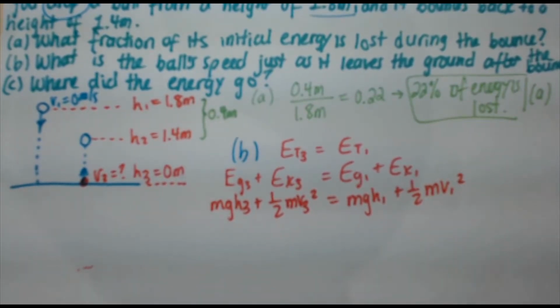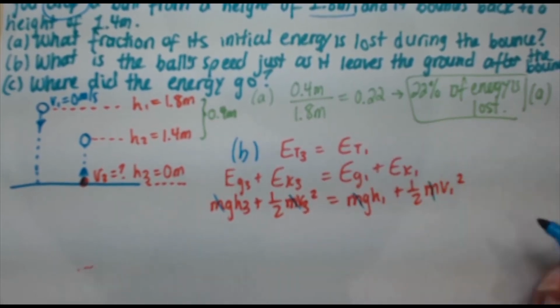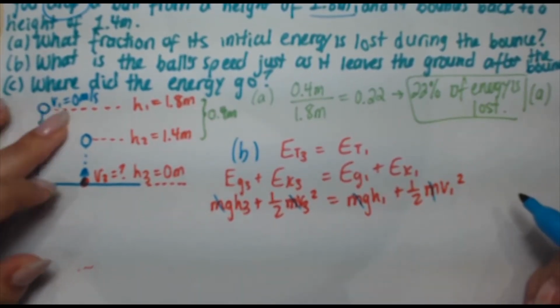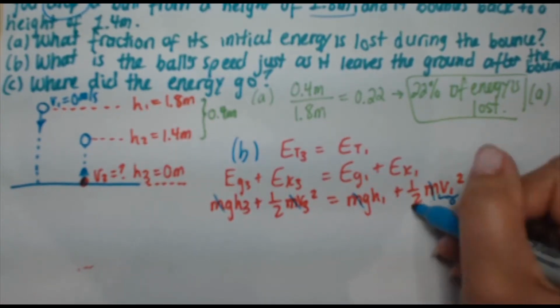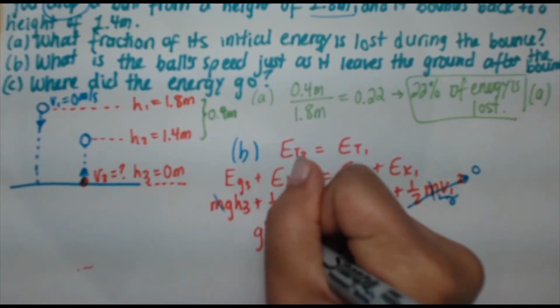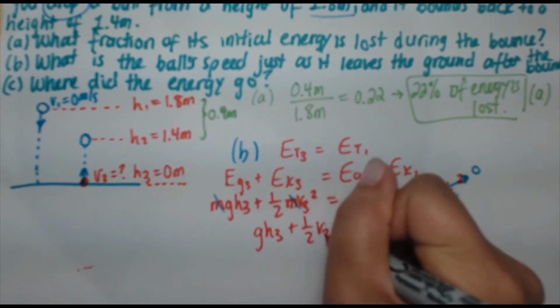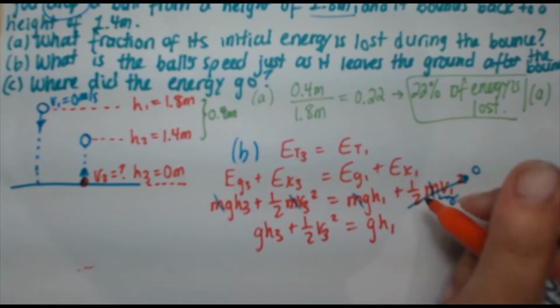Let's simplify this now. Mass appears in every term. It can disappear. We also know that V1 is 0, because it's dropped. So this entire thing disappears. And we're left with a nice expression. gh3 plus 1 half V3 squared equals gh1. And what we're looking for here is V3.